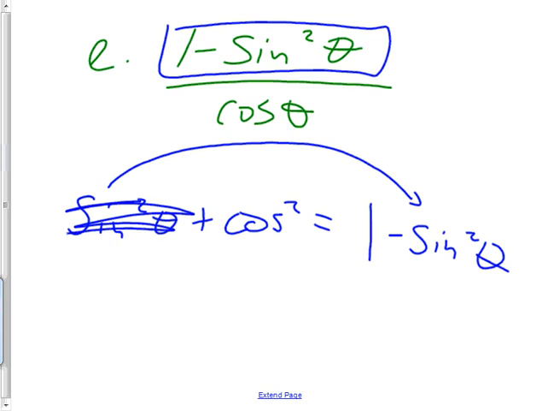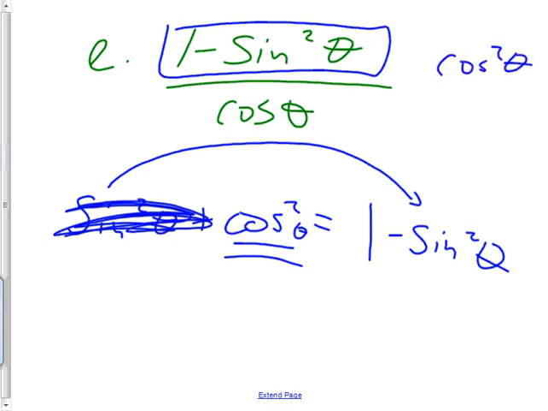Now I've rewritten my identity the way I want. 1 minus sine squared is cosine squared. It needs a theta, but okay. So then I have cosine squared theta over cosine theta. And hopefully you remember that those can cancel. It's sort of like saying x squared over x. Final answer would be what? Cosine. Good. All right. Enough of those.